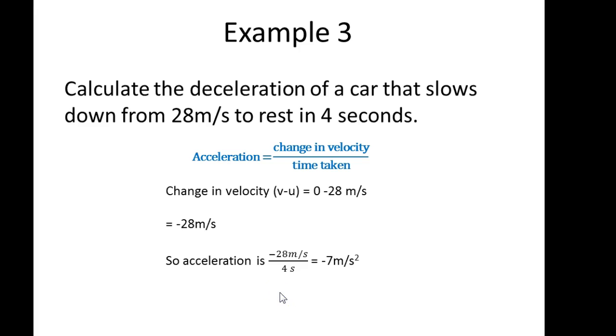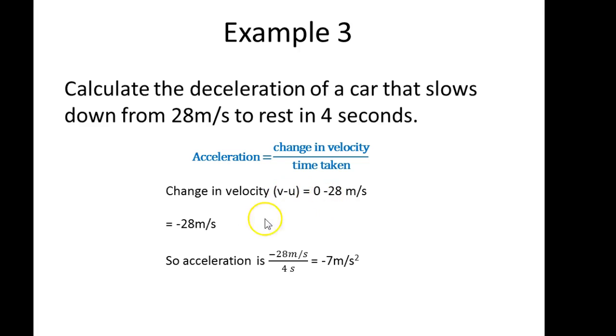Well, once again, we need to calculate the change in velocity, v minus u. So here, we've got something slightly different. Our final velocity is rest. It goes to rest. So that means our final velocity v is 0 meters per second. And our initial velocity, because it's slowing down, was 28 meters per second.